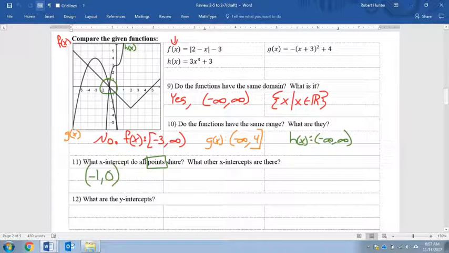Well, g of x has one right there at negative 5, 0. And f of x has one right there at positive 5, 0. Cool.